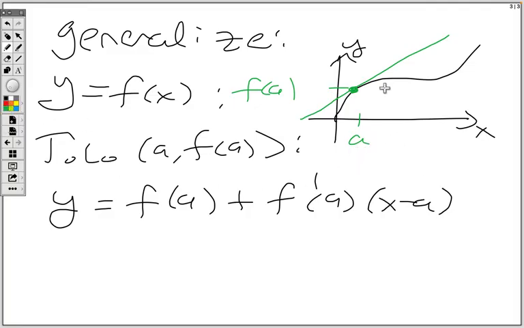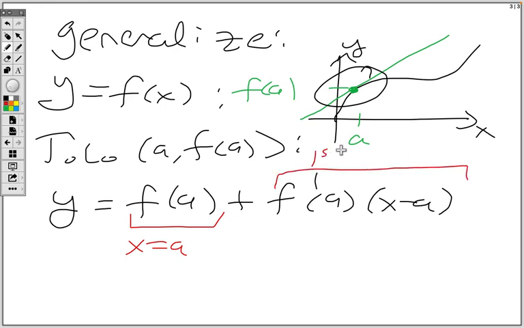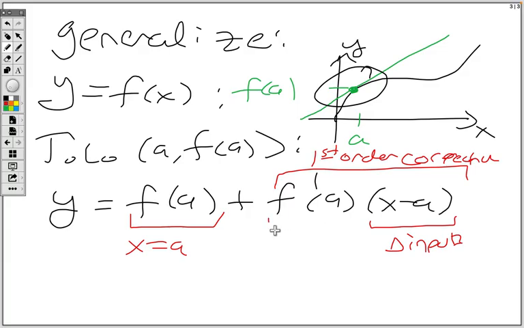f of a: we're sort of looking at the curve. We're looking at the function near x equals a. So f of a is what you actually start with when x equals a. And then I like to think of this as sort of a first order correction term. So it's a first order approximation in the following sense. I'm looking at here the change in the inputs, which in this case are x's, and I'm multiplying it by the rate of change of outputs to inputs.